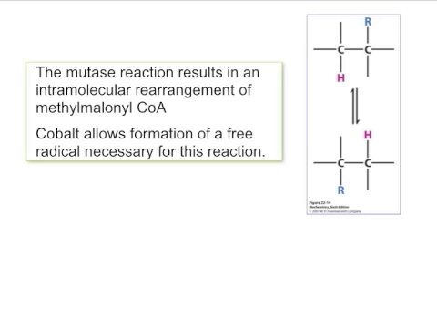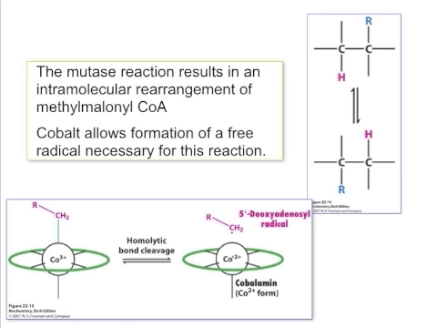And the reason that this can occur is that the bond between CH2 and cobalt is very tenuous and can be broken easily to yield a radical. This happens through something called a homolytic bond cleavage. And what this means is that one electron stays with the cobalt to reduce it to cobalt 2+, and the other one goes with CH2 to form a 5' deoxyadenosyl radical.